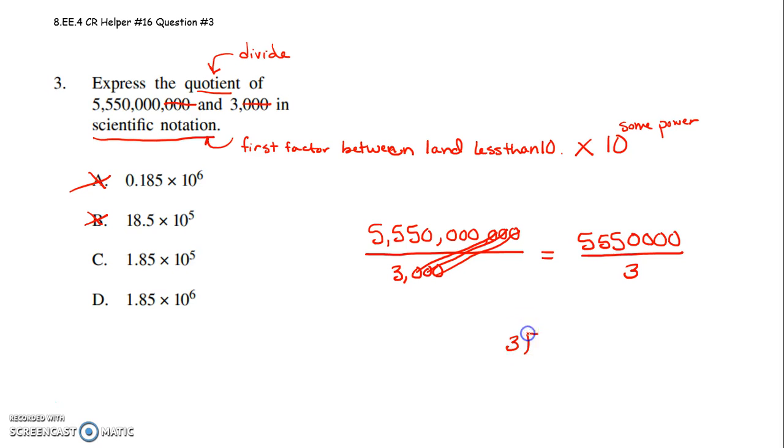So now I'm going to bottom out. I'm going to take 3 into 5, 5, 5, 0, 0, 0, 0. 3 goes into 5 once. Then we have 3 into 25 going 8 times. Three into 15 going 5 times.